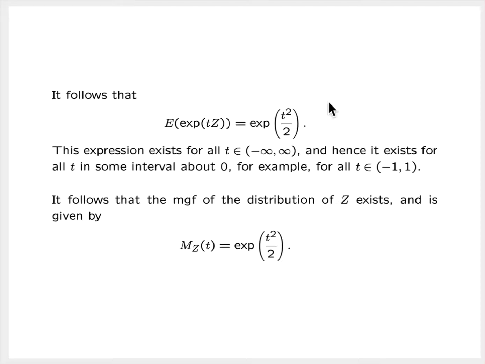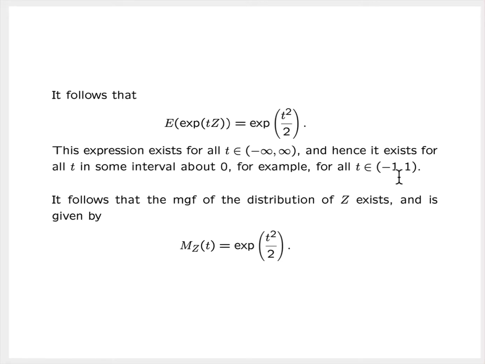Now, this exponential function involving t, and in particular t squared, exists for all t on the real line. And therefore, it exists for all t in some interval around 0. In fact, it exists for all t in any interval around 0, so we can just pick any interval that we want.